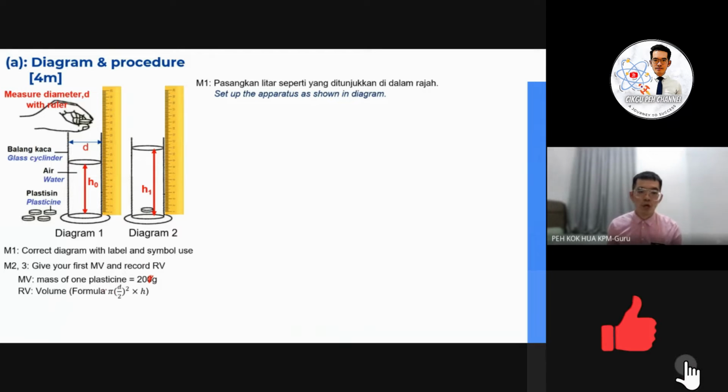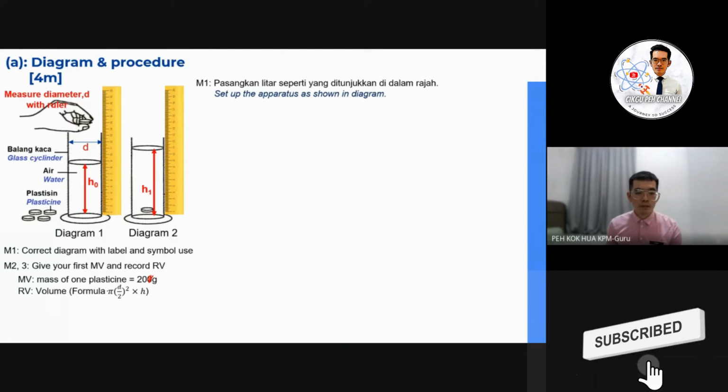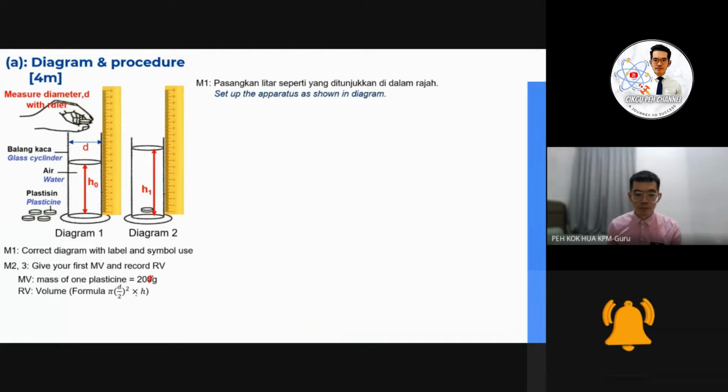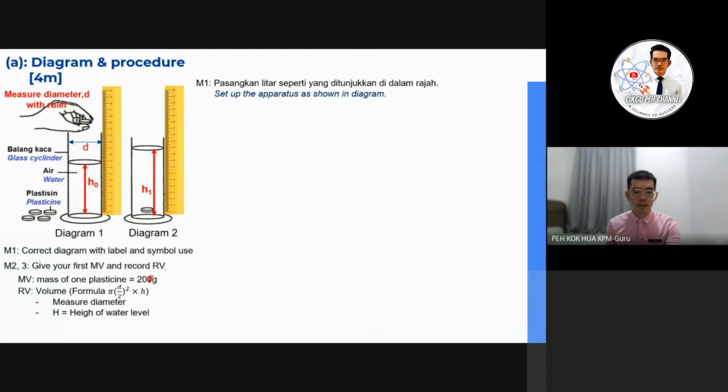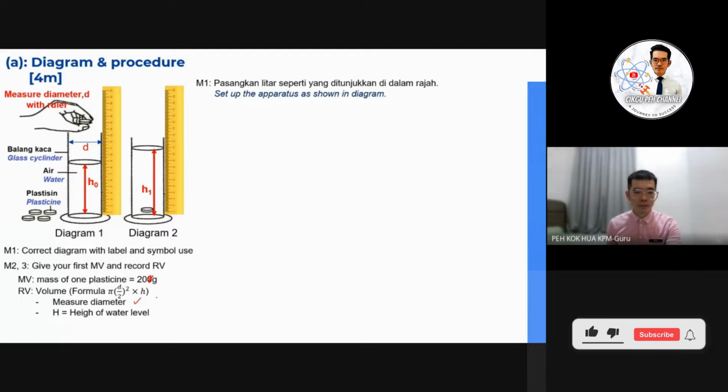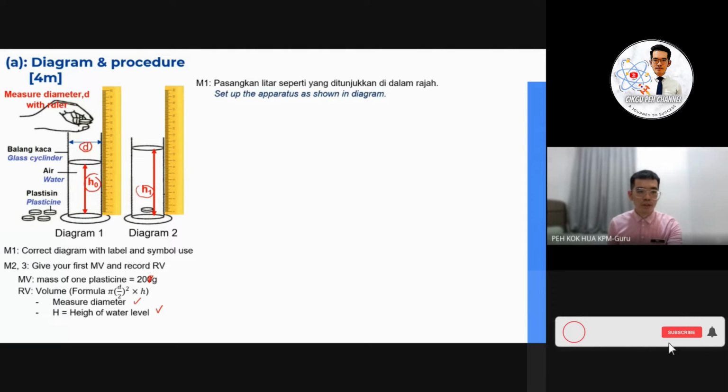You can calculate the volume by using the formula pi r square, the area of a circle, multiplied with the h, here h1. So you can measure both the diameter d and the height of the water level, together with the h0.